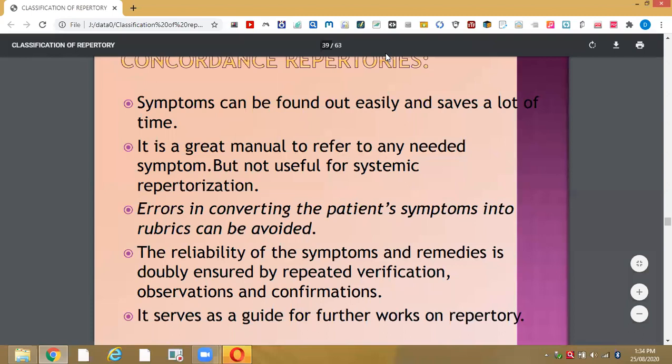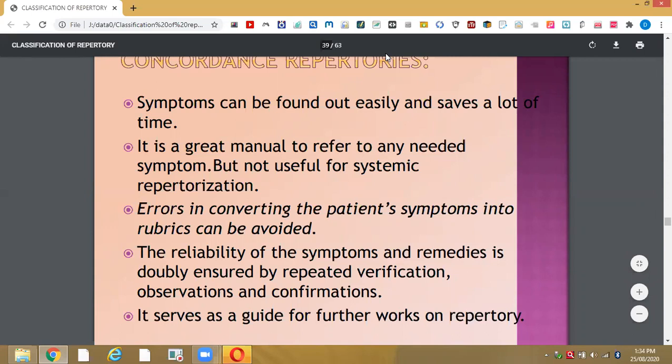Many homeopaths don't have the proper knowledge of whatever repertory they are using. So while practicing in the OPD, you should have the proper knowledge of the philosophical background behind that repertory, and the arrangement of that repertory, and then only can you find the rubric in that repertory properly.